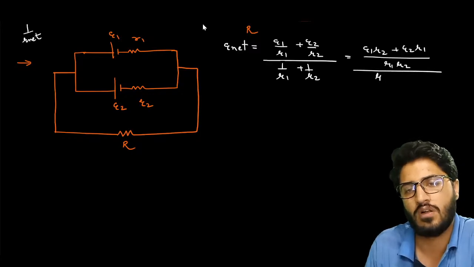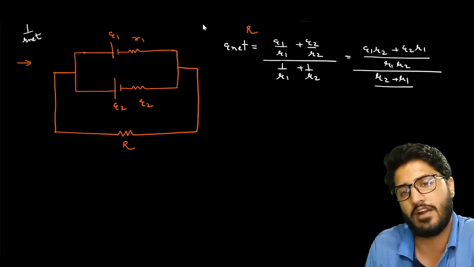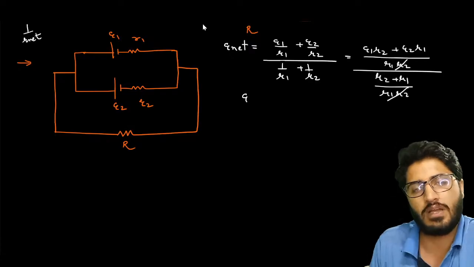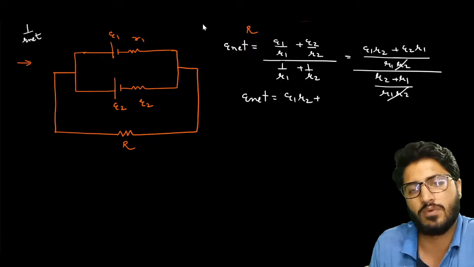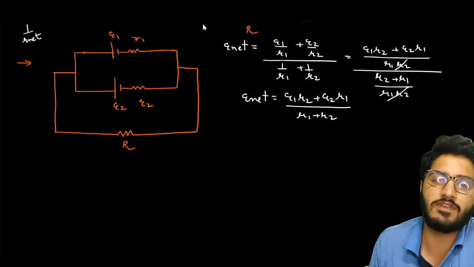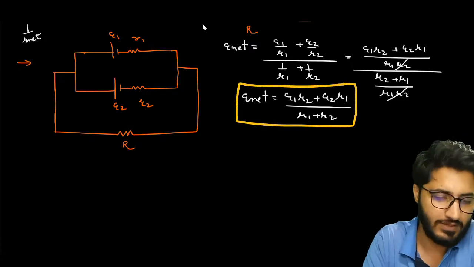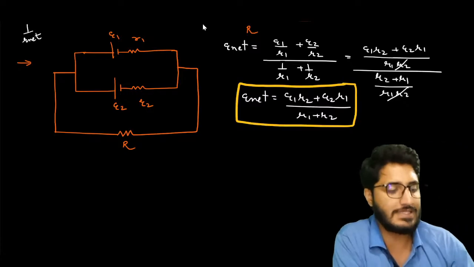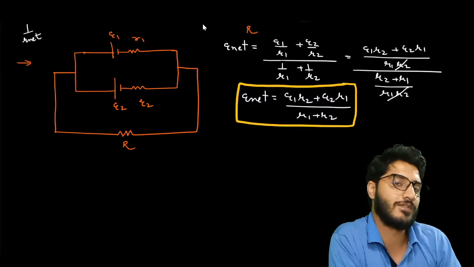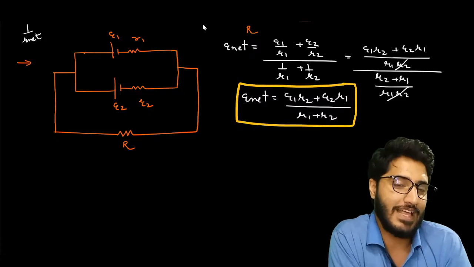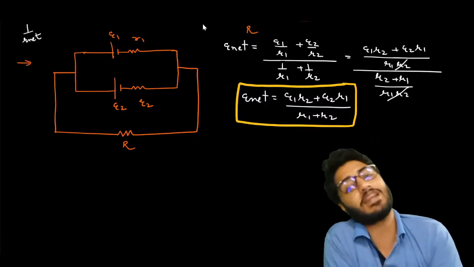Then we have R2 plus R1 divided by R1 R2. Cancel out. So my E net came out to be E1 R2 plus E2 R1 divided by R1 plus R2. This value you have to remember. And the value is the same as that of what? Do you remember? Alpha series and alpha parallel.